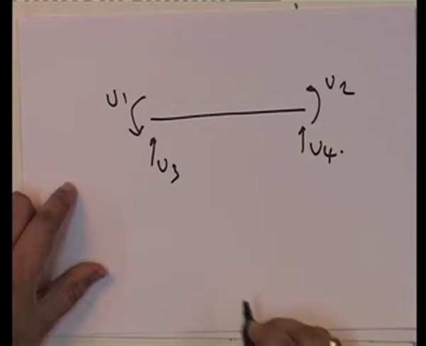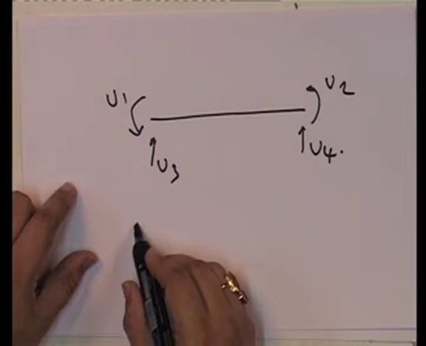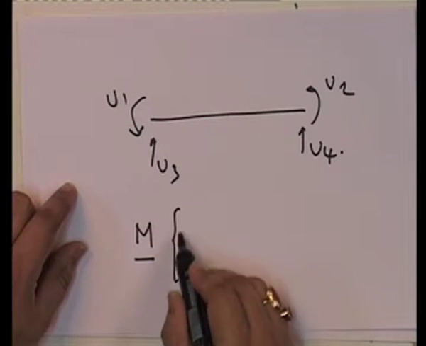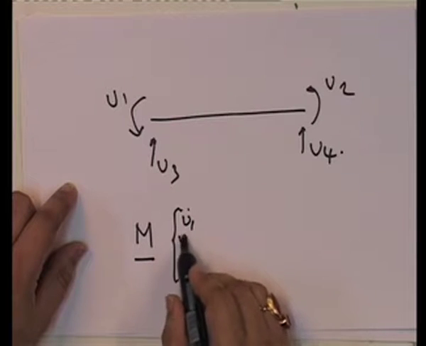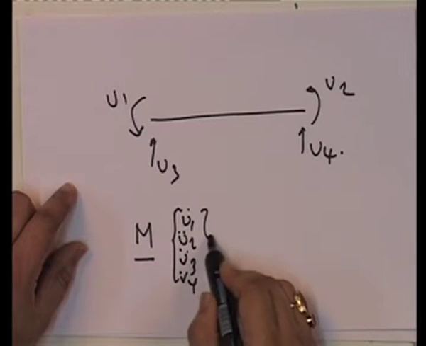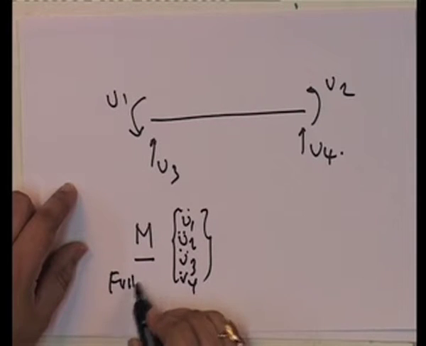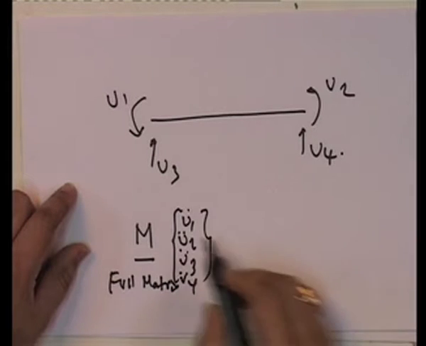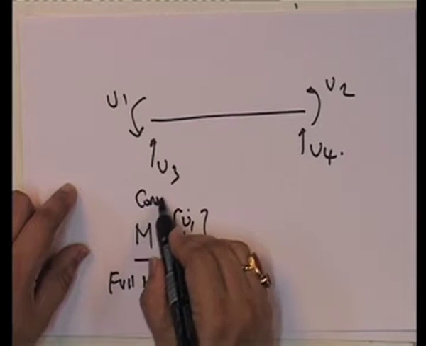So, in the consistent mass matrix, the mass matrix corresponding to V1 dot, V2 dot, V3 dot and V4 dot is a full matrix, and this is consistent.